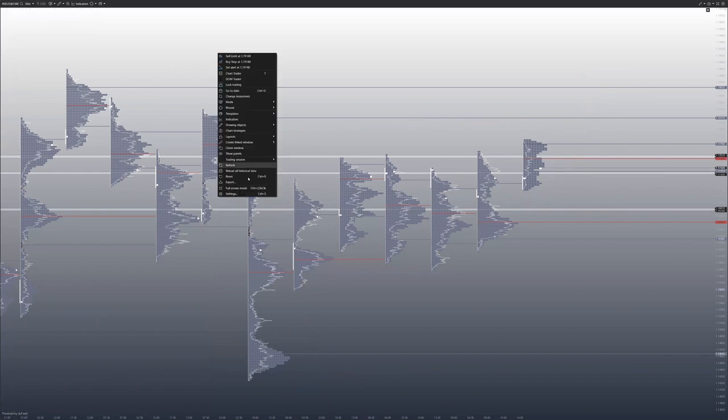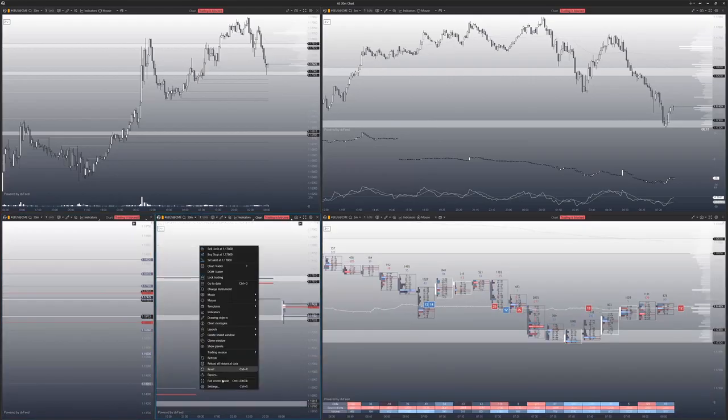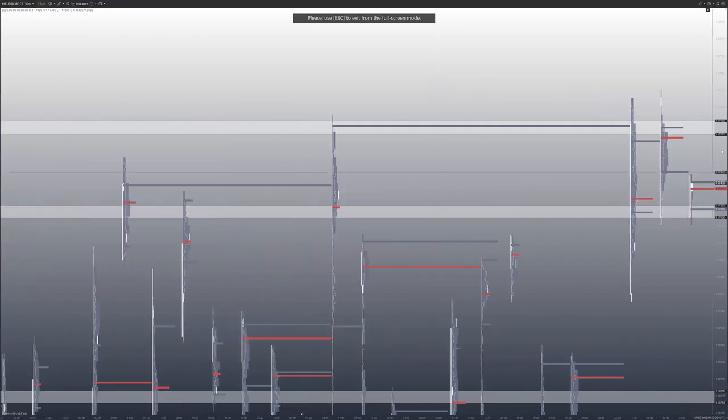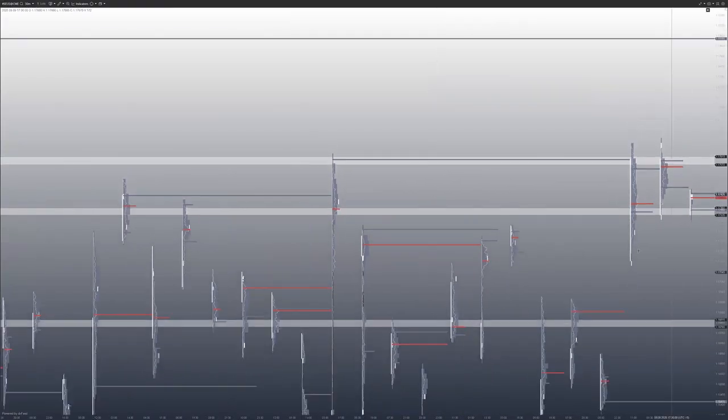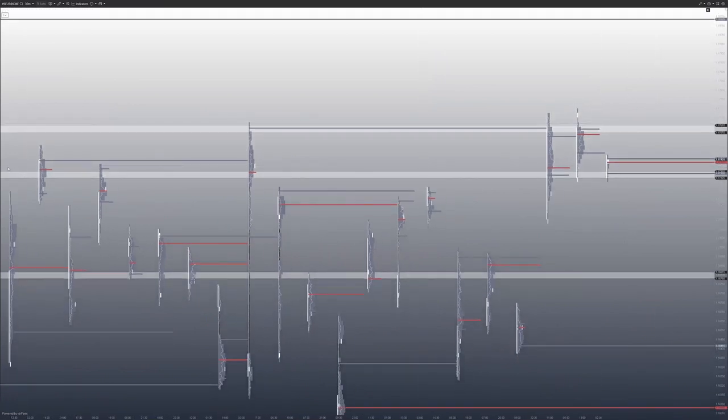Now I focus on the smaller time frame, the daily profiles. Daily profiles show me what's possible for today. We see these two previous days also play inside this day.